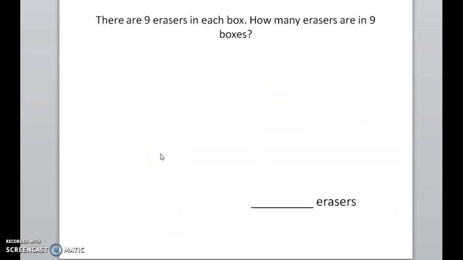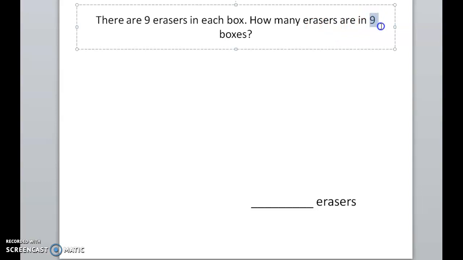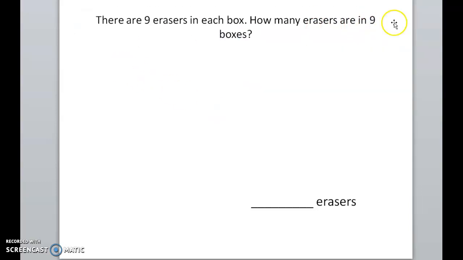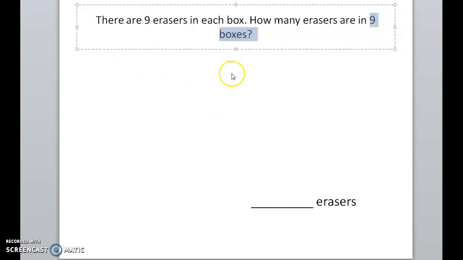And our last word problem we are going to work on says there are 9 erasers in each box. How many erasers are in 9 boxes? Okay, so we need to think about what is our group. And when we're thinking about our groups, we are thinking about the boxes. Okay, so we need to create 9 boxes.